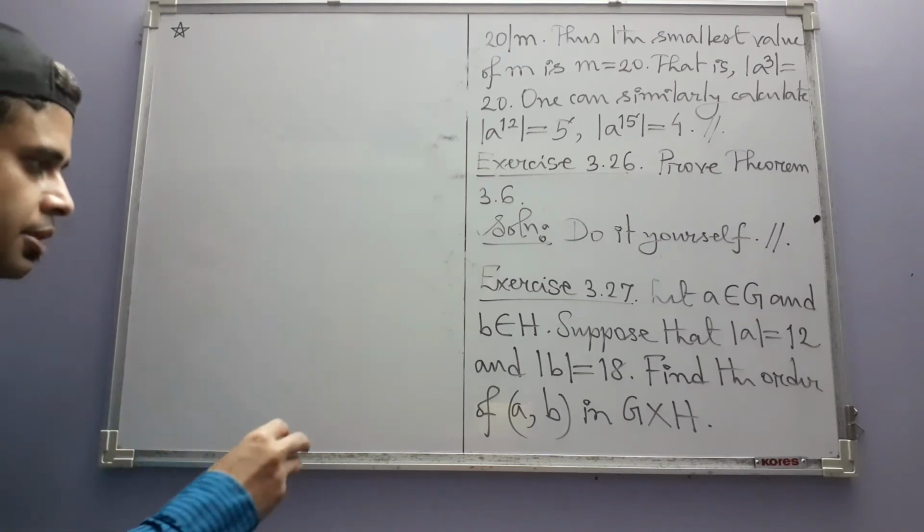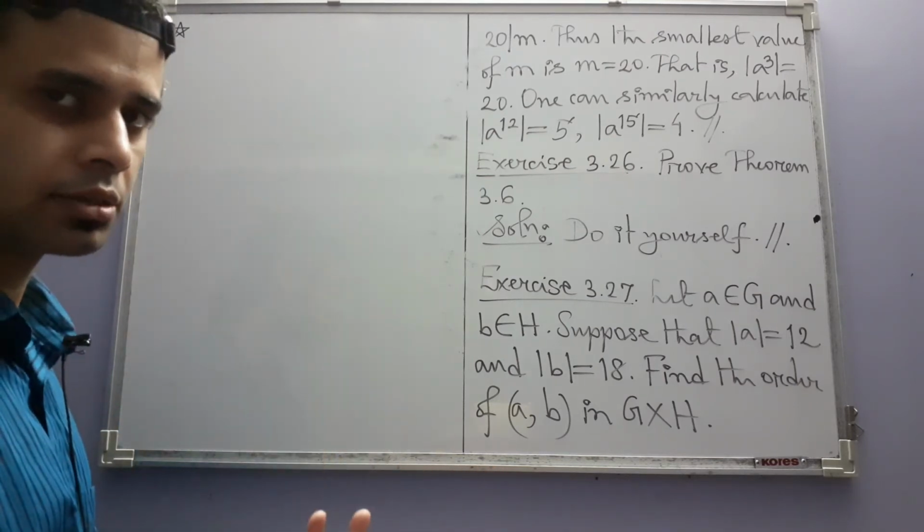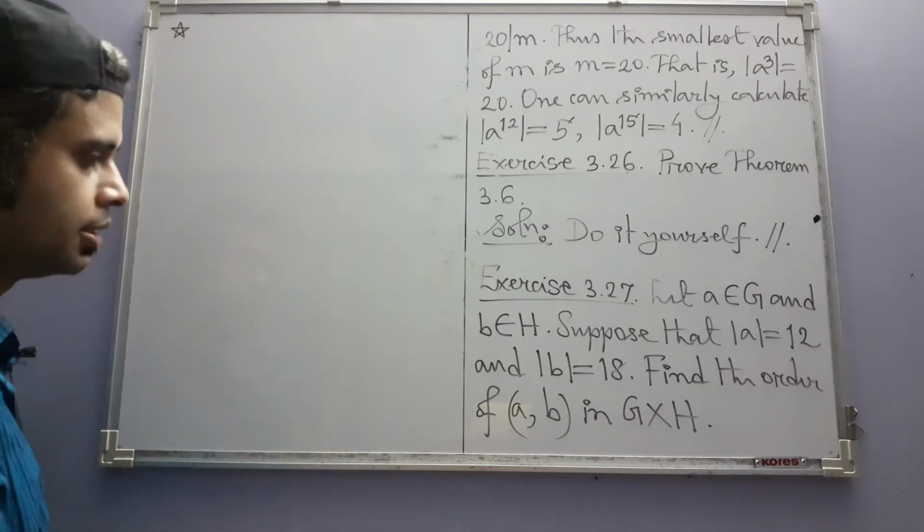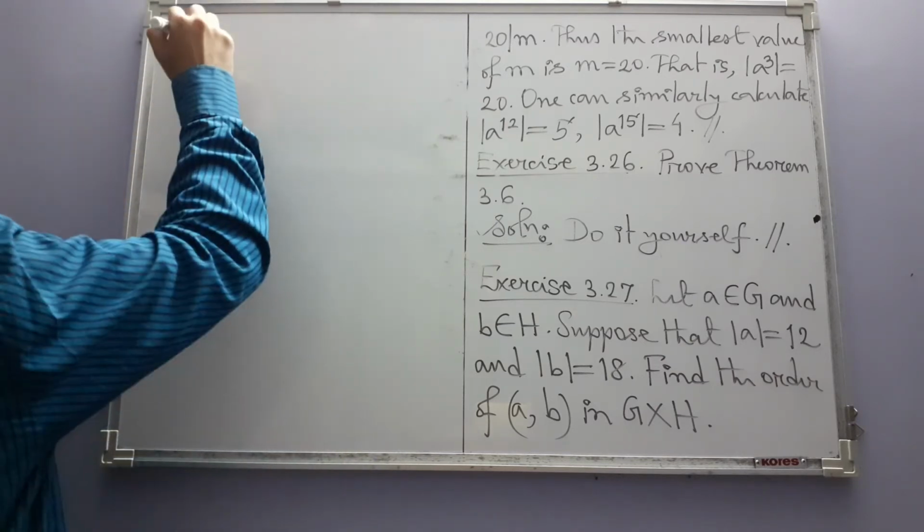That is, some power of the element is equal to the identity, where the exponent is a positive integer. So we start like that.